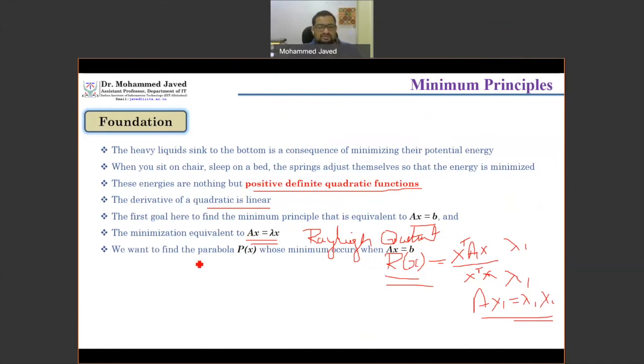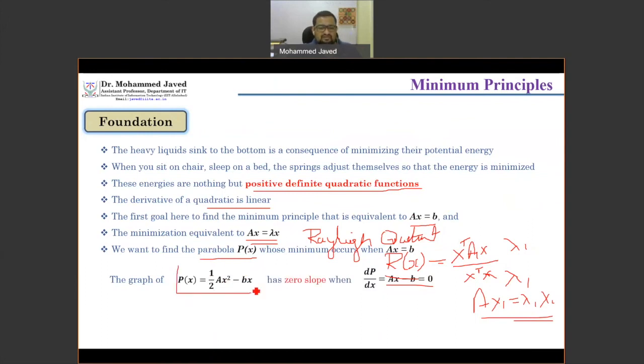We want to find the parabola p of x whose minimum occurs at x equal to A inverse b. In an algebraic way, we can represent the parabola p of x as half A x square minus b x.